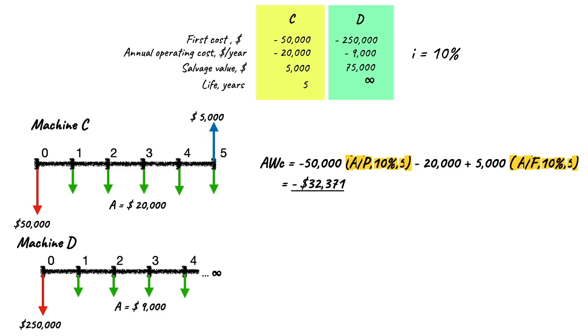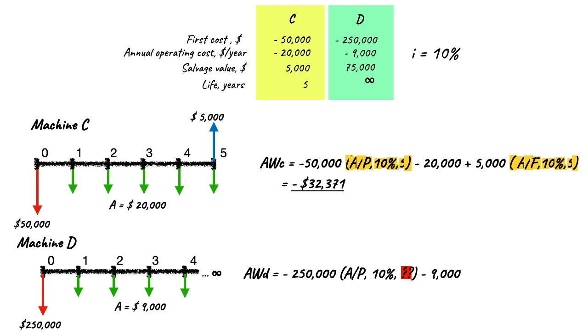Now, if we do the annual worth analysis similar to machine C just now, let's say we want to convert the cash flow at year 0, so negative $250,000 multiplied with the A/P factor and then minus the annual series of $9,000. Oh, here, we do not know what the end value is because the end value is infinity.